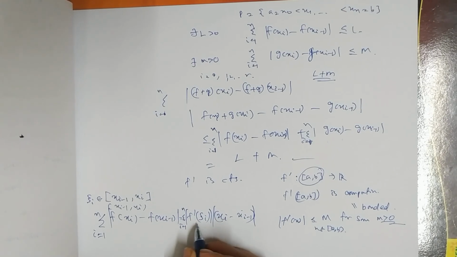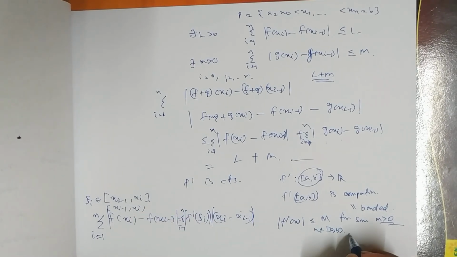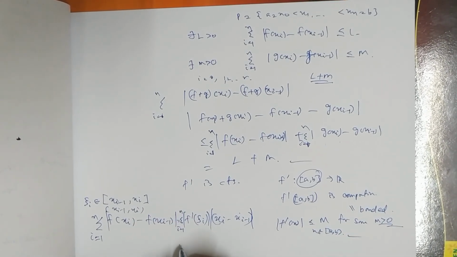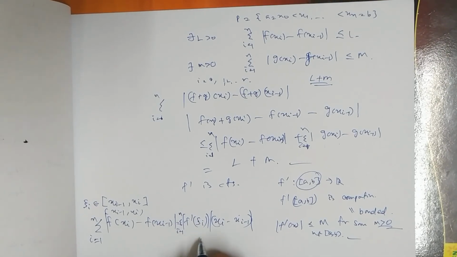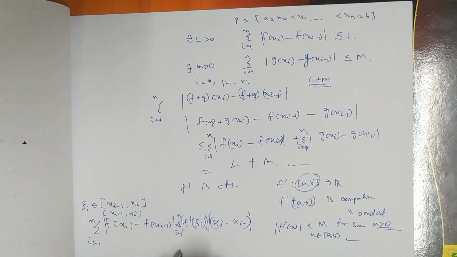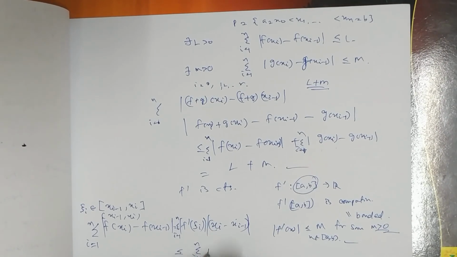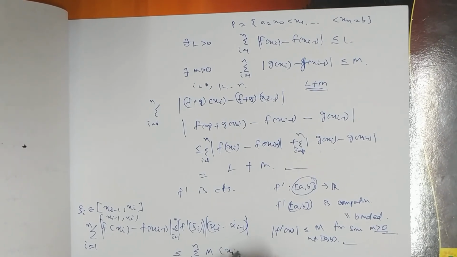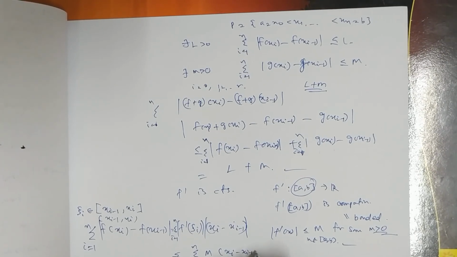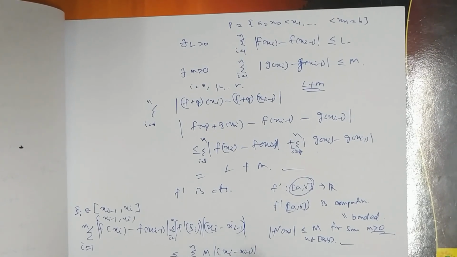Each of these zeta i belongs to [a, b], so each f prime of zeta i is bounded by M, and we can write this as less than or equal to the summation from i equal to 1 to n of M times |xi minus xi minus 1|. Now M comes out.